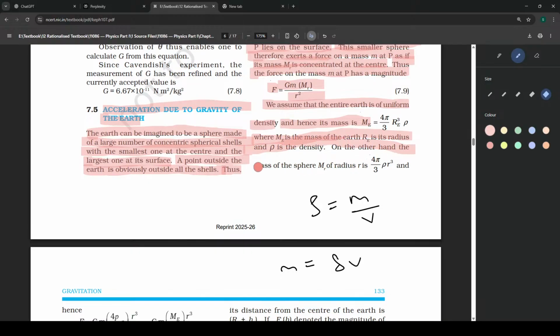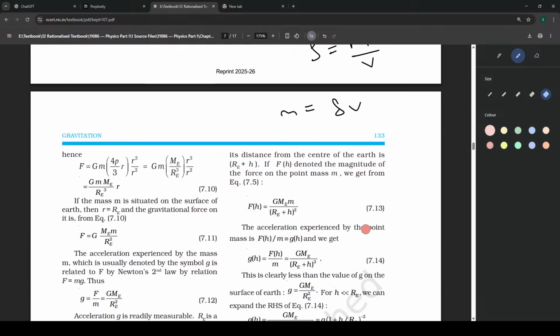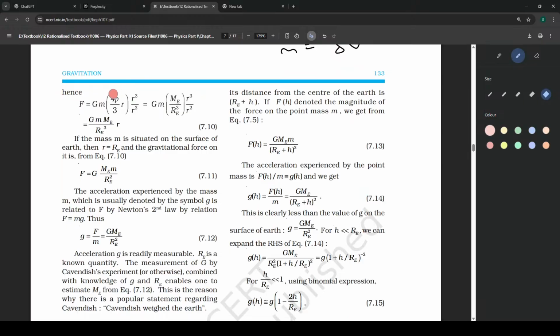On the other hand, for the mass Mr of the sphere of radius r, rho will be the same, but the radius will change. The volume of the sphere is 4 by 3 pi r cube. That is the formula for the volume of a sphere, and that is the formula used here.